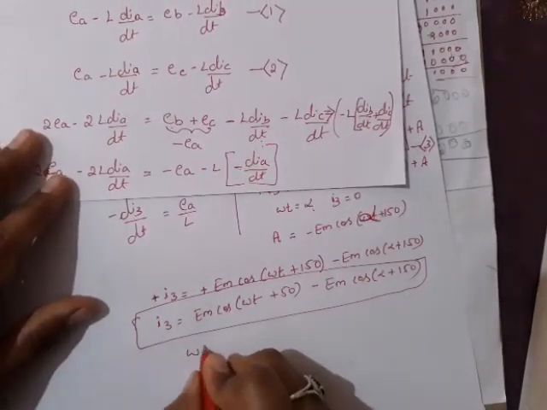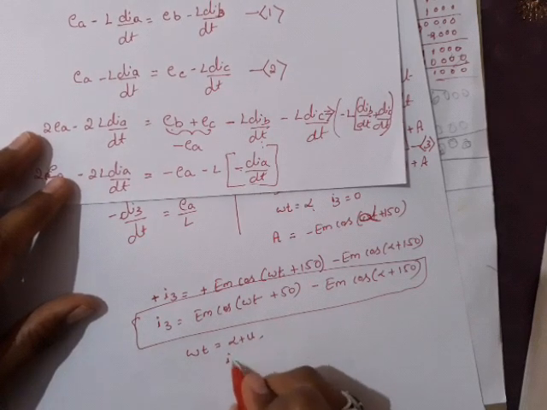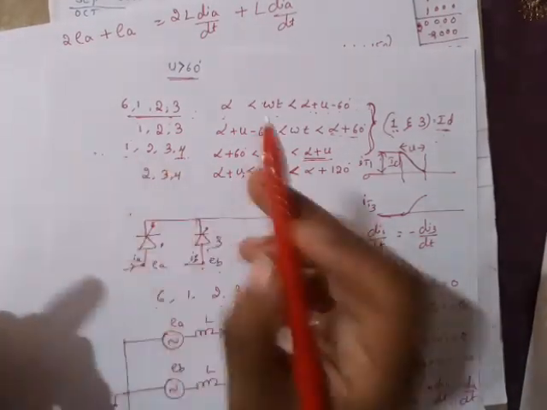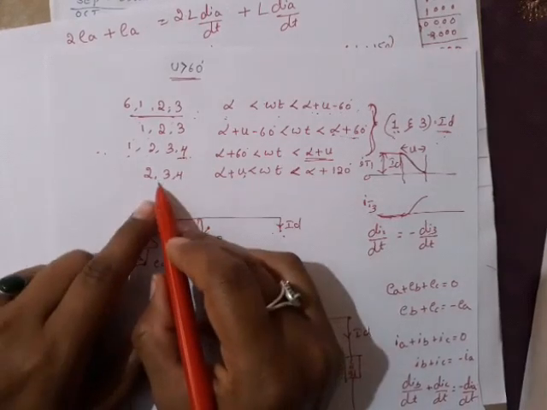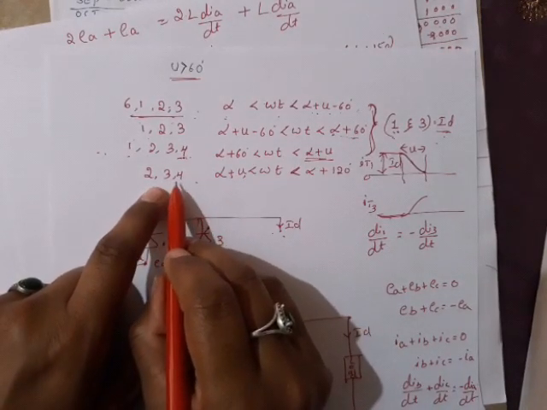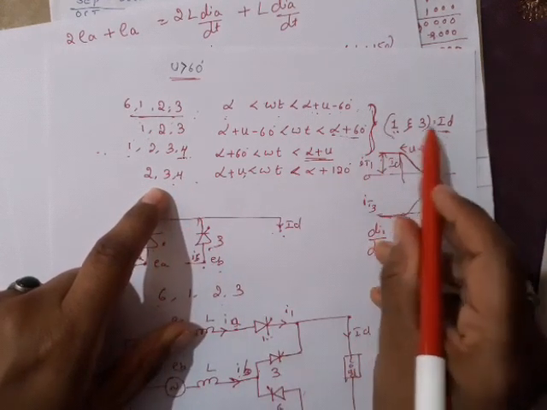At omega t equal to alpha plus u, I1 current is completely equal to 0. Why? Because at alpha plus u, valve number 1 goes out of conduction. Remaining are 2, 3, 4. In the upper limb, valve number 3 is conducting, so the complete current has shifted to 3.